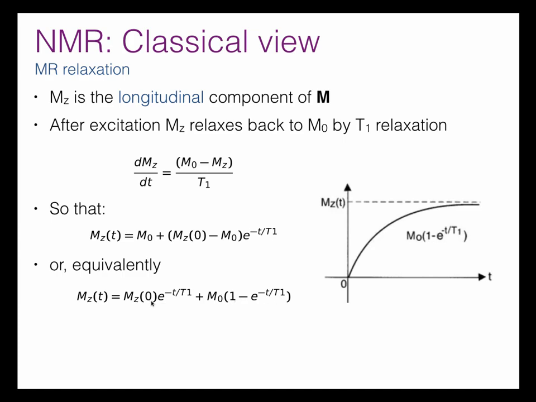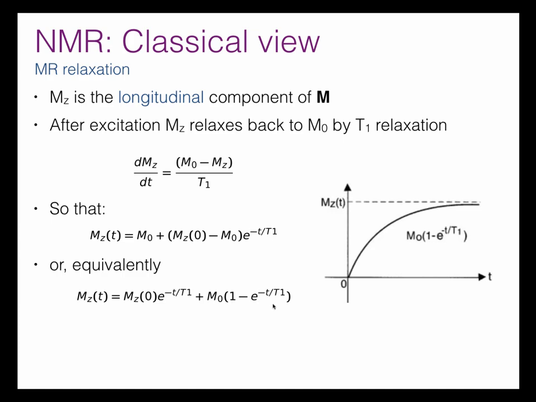This will turn out to be important later, because I find representing it this way quite useful. If you prepare some special value in your magnetization, if you somehow encode something in your magnetization, the amount of that encoding will decay like T1, and you'll end up with the unencoded magnetization growing back at the rate 1 minus e to the minus t over T1.